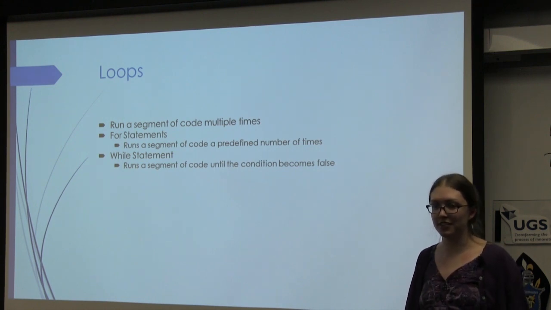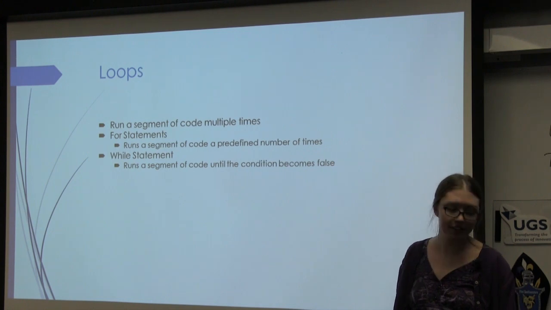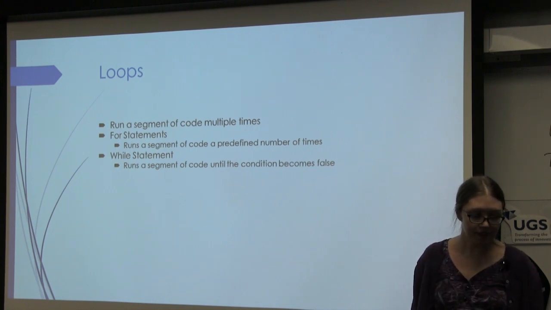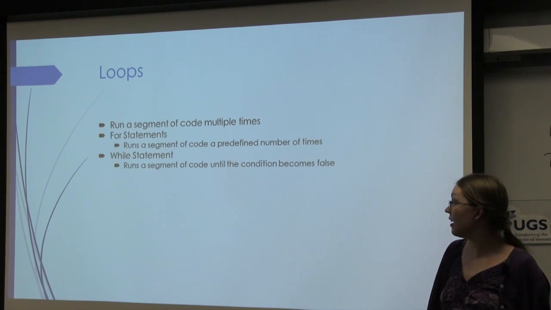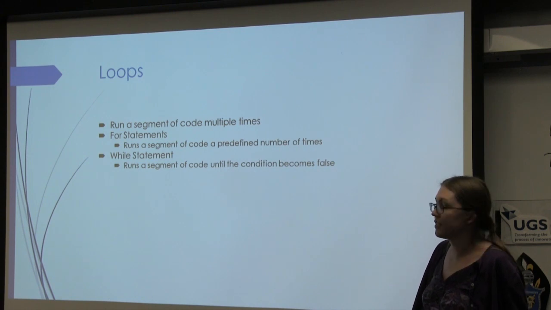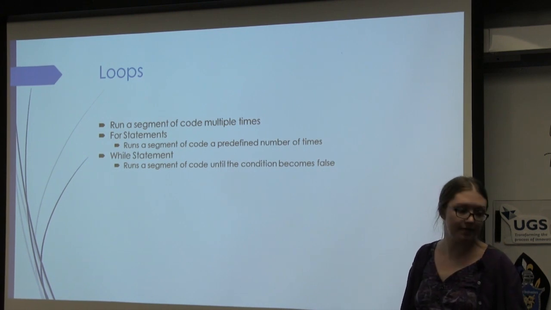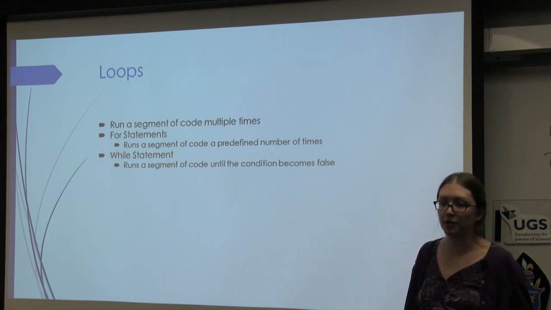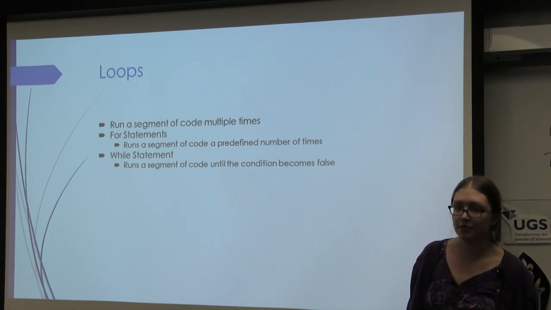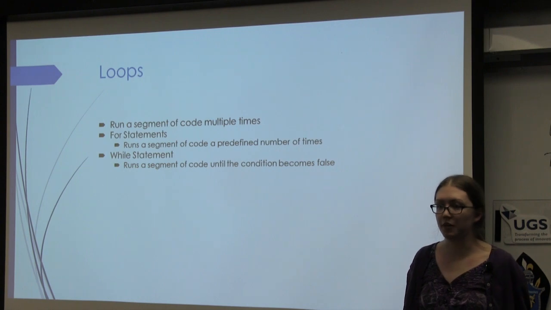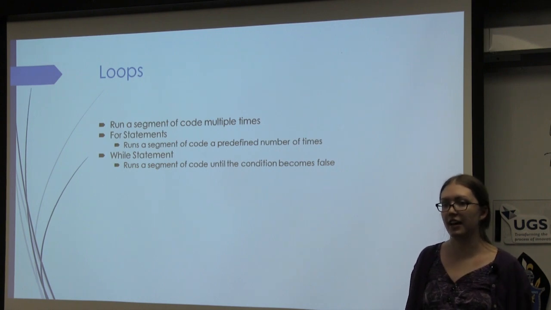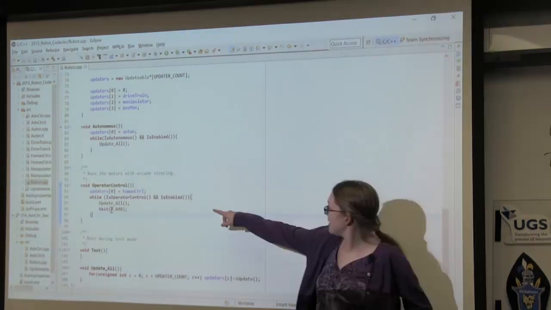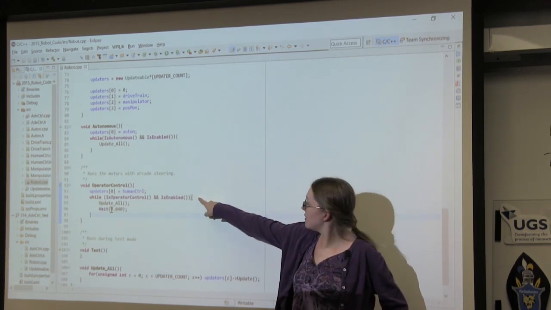So it'll continuously run as long as the robot's enabled. And then a for loop, the other one we're going to mention, is used to count through something. So if you want to count through 1 through 100 of a variable, it's very easy to do that with a for loop.